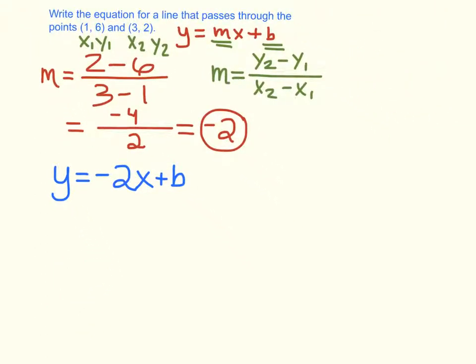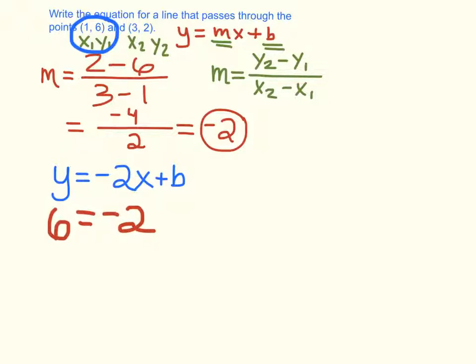I usually will just use the first coordinate pair in my list as the xy pair that I fill into the equation, but you certainly could use the other coordinate pair. It doesn't actually matter. So I'm going to go ahead in my equation now, replace the y in the equation with the y coordinate of the point. So in this case it's 6. So I'm going to rewrite the y as 6, rewrite the equals, and rewrite the slope.